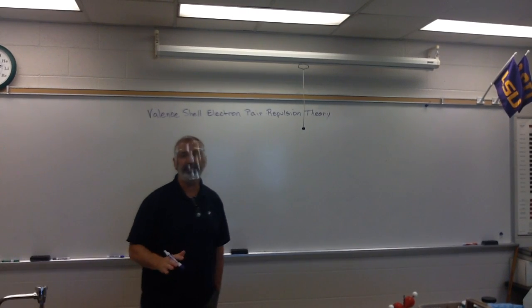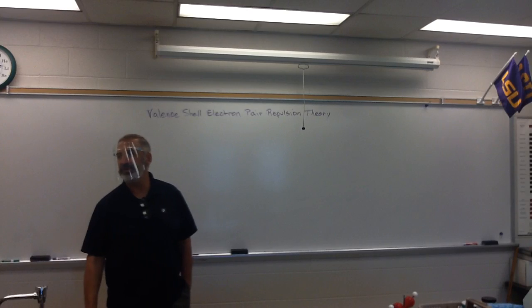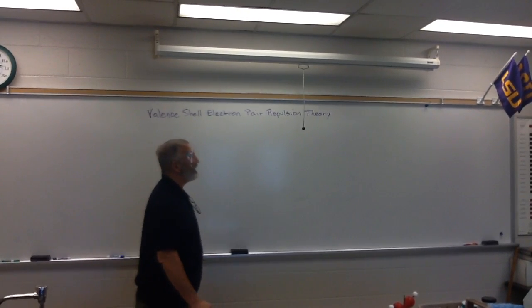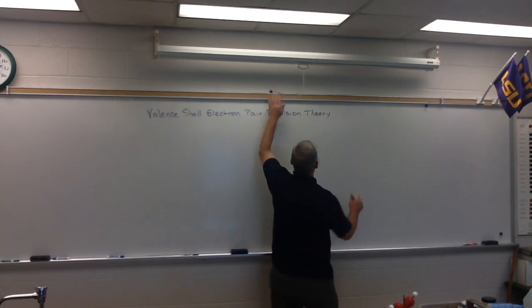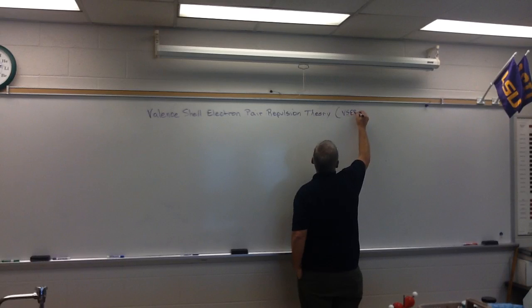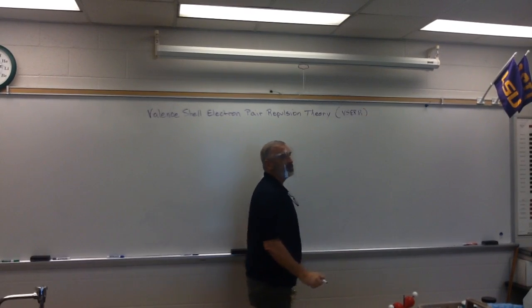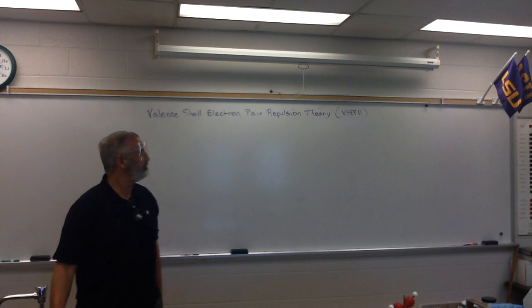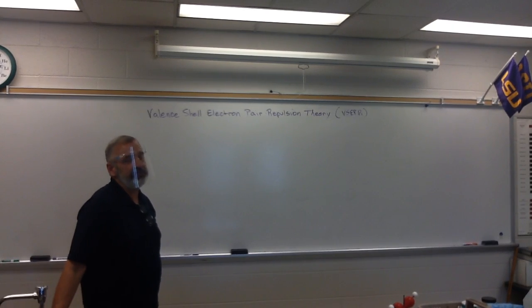I touched on it yesterday. We were talking about the shapes and some of the bond angles. Now that's very long and hard to say, so we're going to abbreviate that as VSEPR. Even though it doesn't really spell Vesper, the E's in the wrong place, we're still going to call it the Vesper theory.